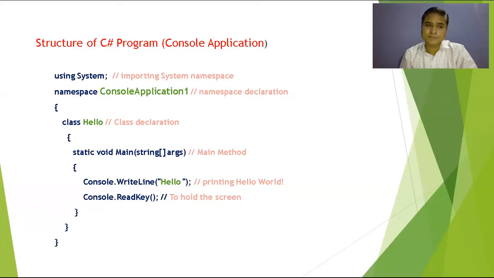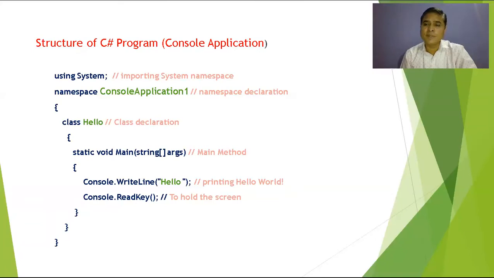Namespace, I will discuss further. Class is a keyword for creating a class; you are familiar with this. Static void Main, string, and Console.Write, Console.ReadKey. Here it is the main function, the entry point of a C# program. Console.WriteLine is just like a print command.